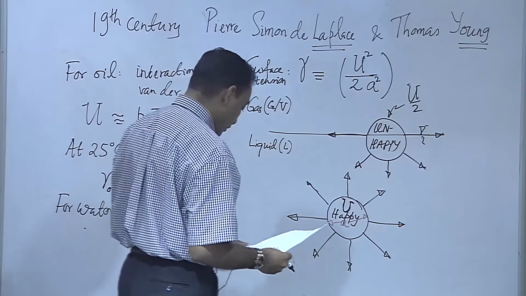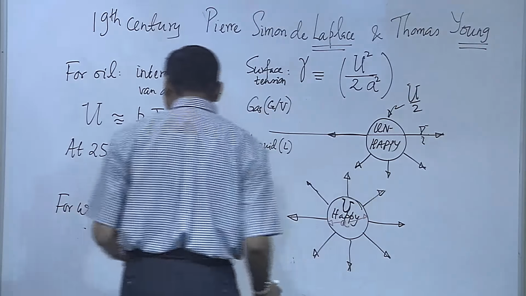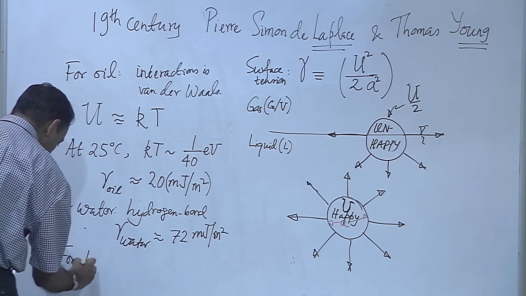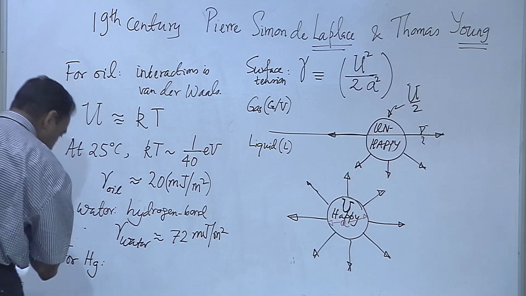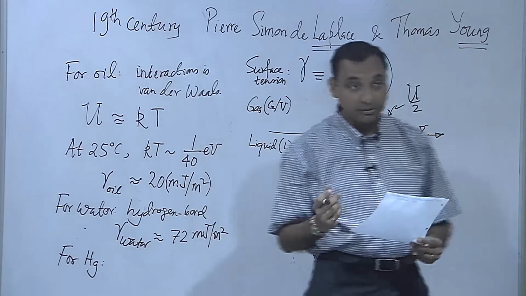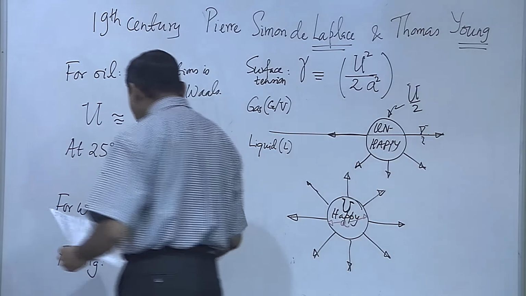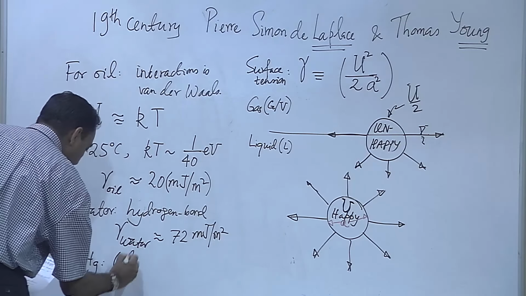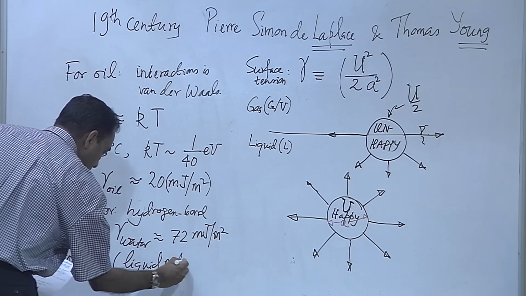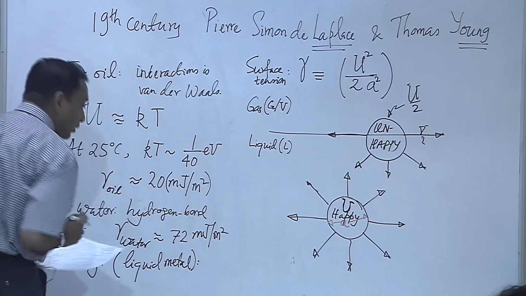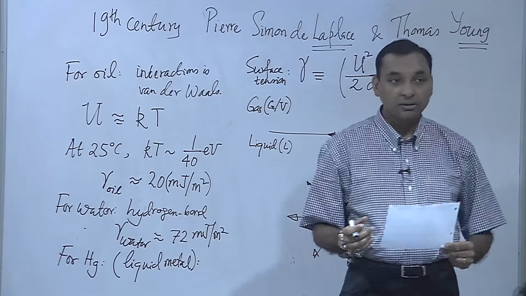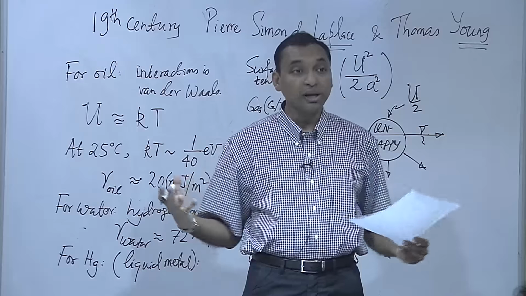For mercury, where I started my talk today, where I was playing with mercury, it is a liquid metal, right? In liquid metal, what do you expect in terms of cohesion energy? They should be large, right?